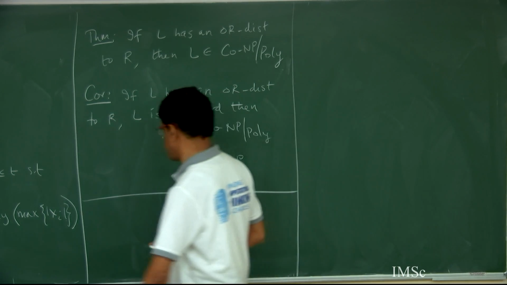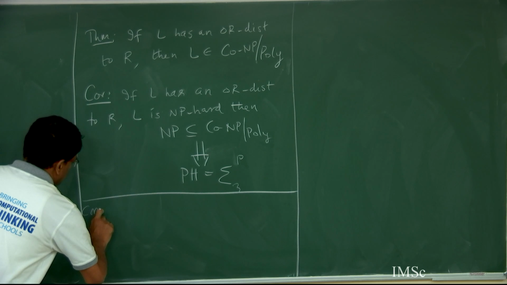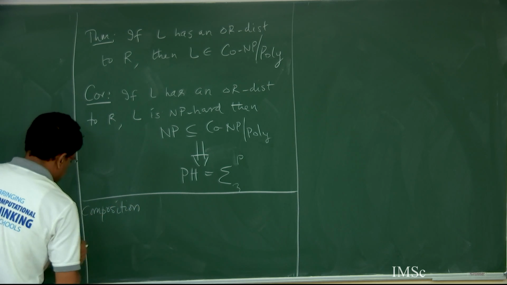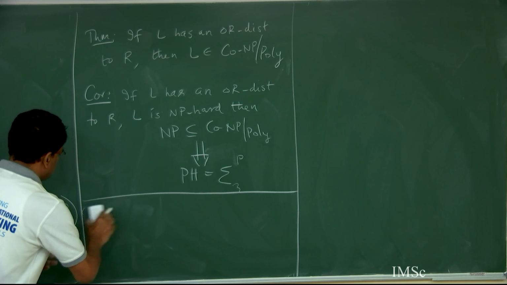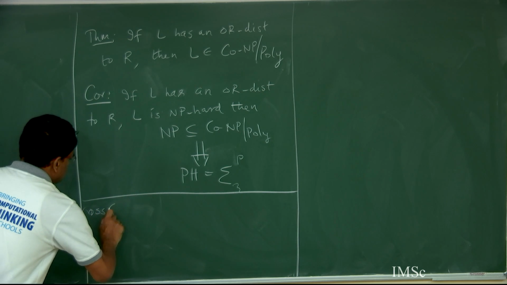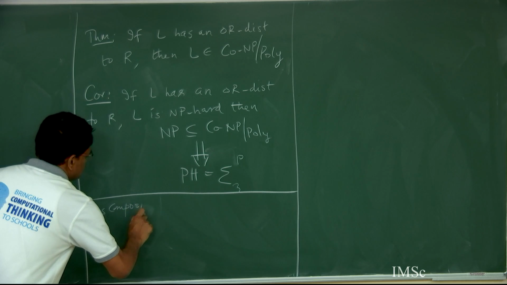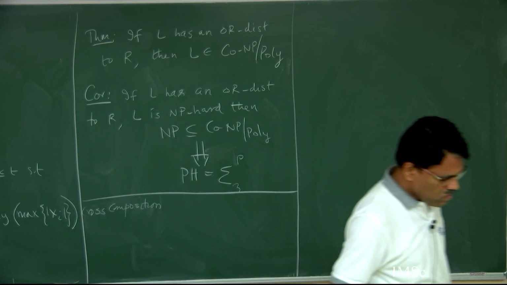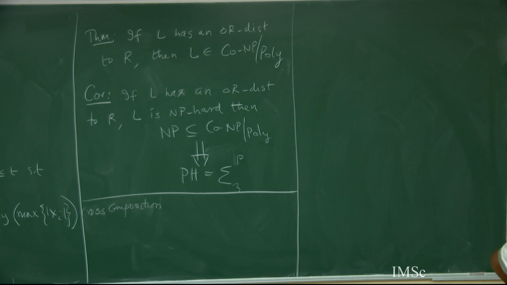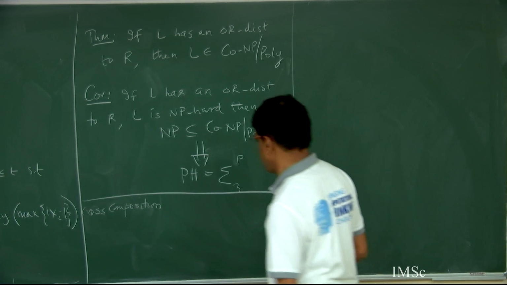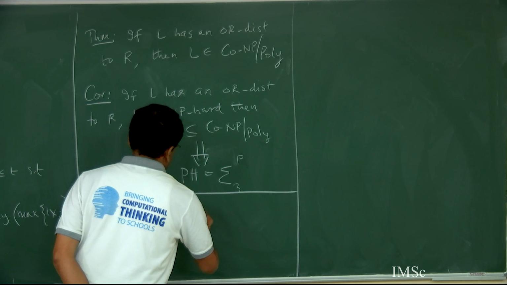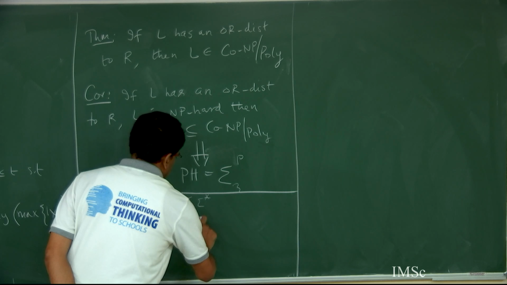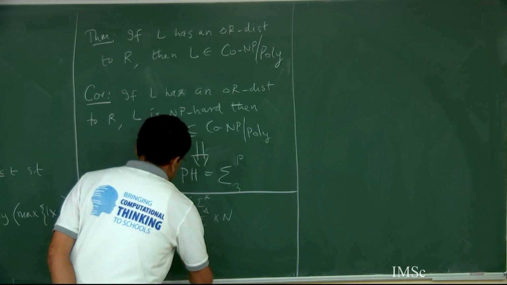So, what is composition, or cross composition? We have again L, some language, and Q, which is a parameterized language.